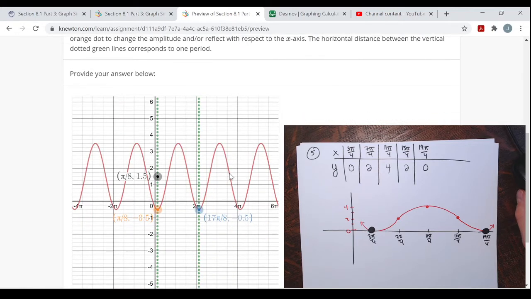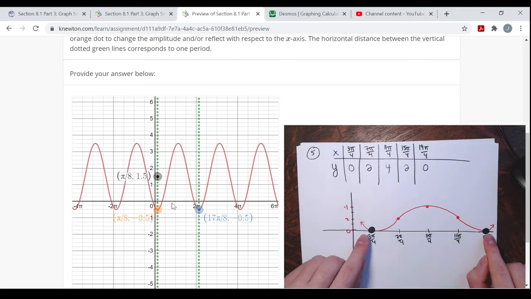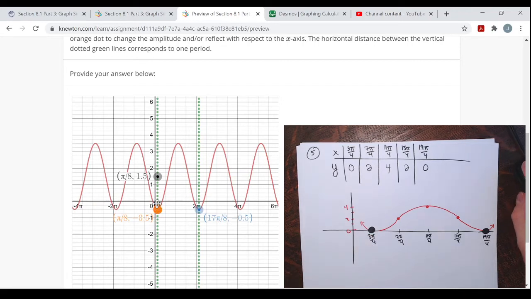All right, so these black dots in my drawing are the bottoms of these valleys. So I'm going to move those. It looks like the yellow dot, I'll move to 3 pi over 4 comma 0. All right, so I'll move that up.